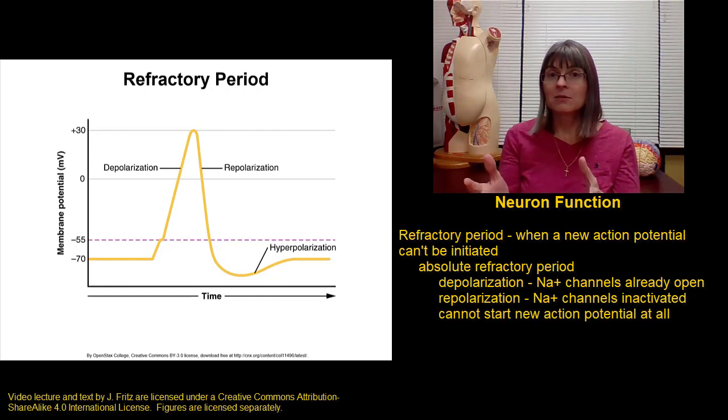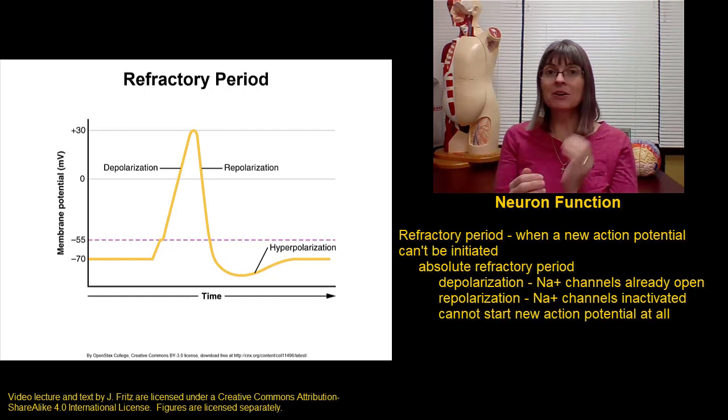They're open, but they're inactivated, and it doesn't matter how much signal you give them, how strongly you try to do anything with them, no more sodium can come in because the gates have been blocked by the inactivation gates. So you can't change the membrane potential with those sodium channels. You can't get any more depolarization.